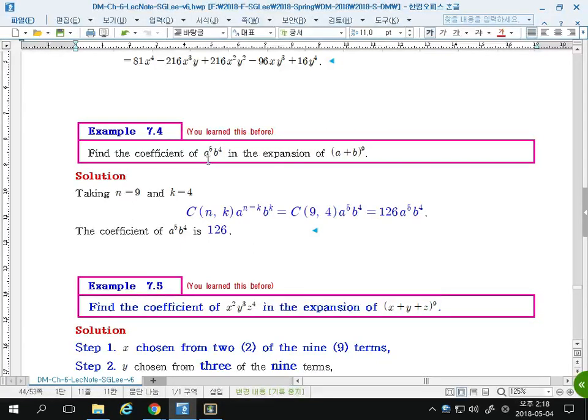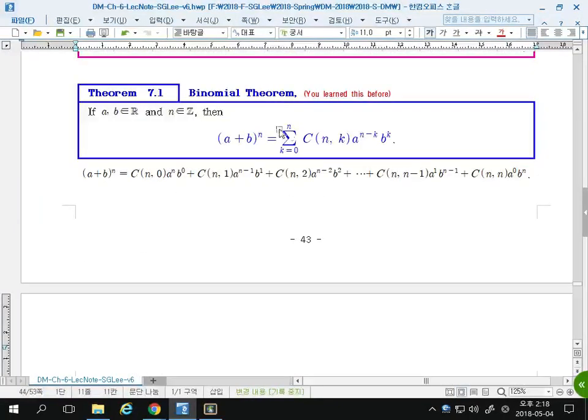What's the coefficient of this? So this is here, and 5 plus 4 is 9. So n is equal to 9. And here, k is equal to 4, as you see from the power of b. This is 4. So n choose 4, and a to the n minus 4, and b to the 4.